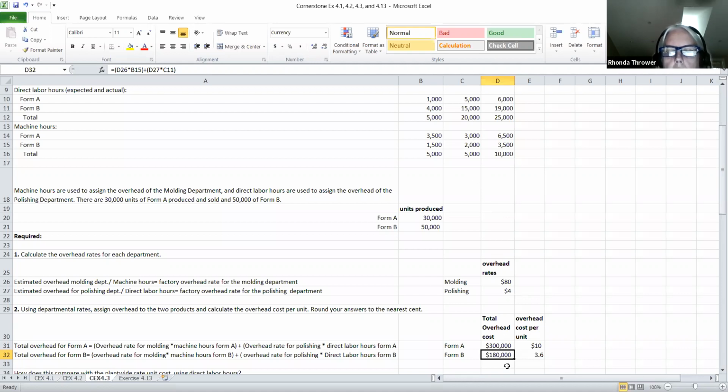Once you get the total overhead, then you're going to divide the total overhead by the number of units produced, and that will give you the overhead cost per unit of $3.60 in this case, or 3.6, but it is a dollar amount, so it's $3.60.